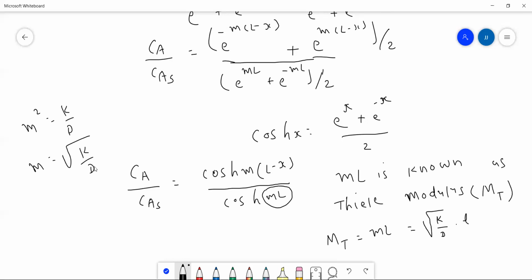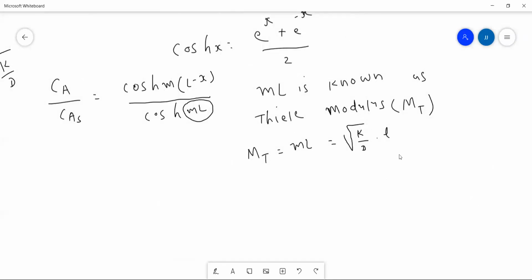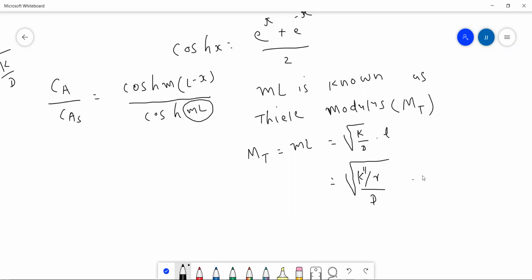Let's check the unit of the Thiele modulus. ml is equal to under root K by D into L, and we know that K is K double dash into R divided by D. We have already derived the unit of K double dash, meter per second.